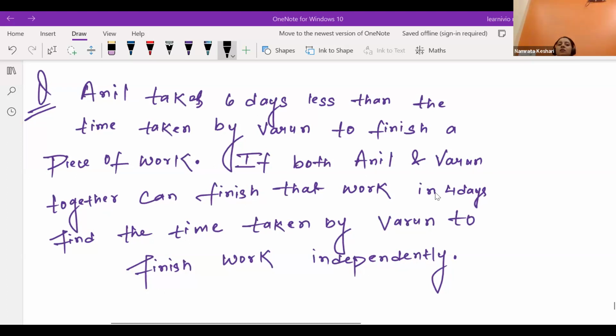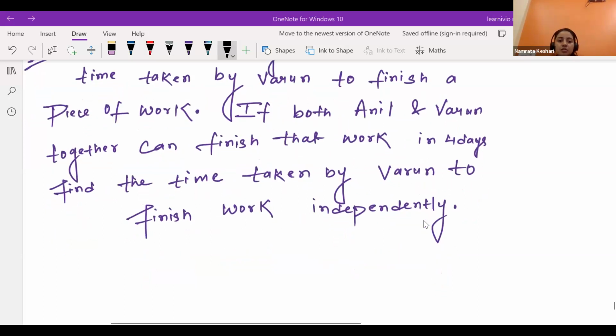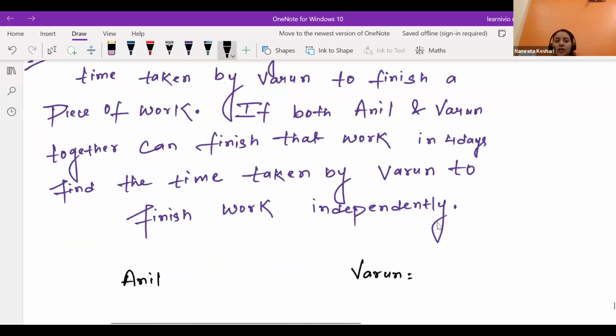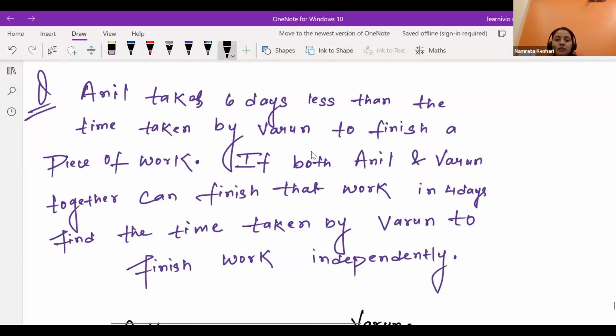So here Anil takes 6 days less than the time taken by Varun to finish a piece of work. Suppose Anil and Varun, two persons are there, and suppose that Varun is taking X days to finish the job.